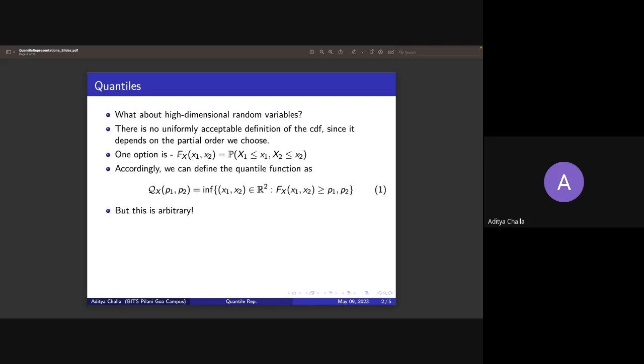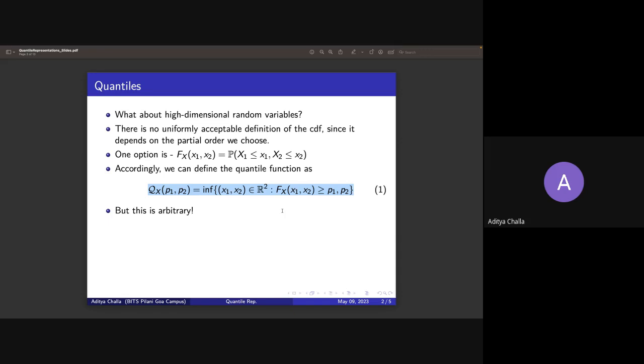In that case, we have this definition of a distribution function, and accordingly, you can also define this. Oh, there is a mistake here. It should be p, not p1 and p2, just a single p.